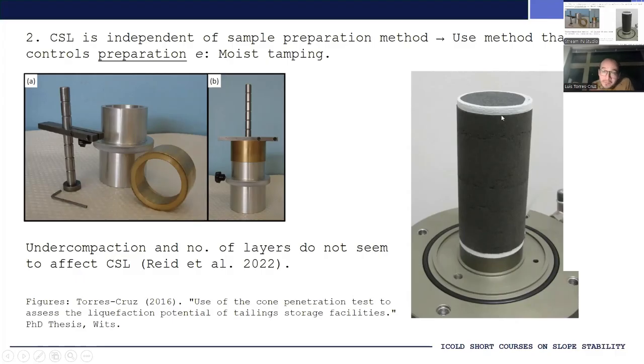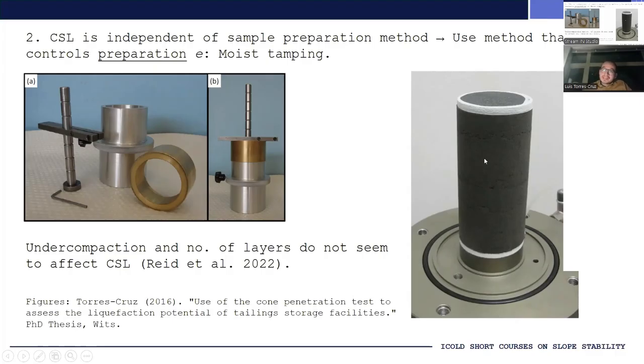This is different from the void ratio that this specimen is going to exhibit at the beginning of the triaxial test. Why? Because this specimen here is not saturated. The tailings, in this case, they are moist, as the name moist tamping suggests, but it is not saturated. So you still have to saturate this specimen, and then you have to consolidate it to the pressure level that you are interested in.